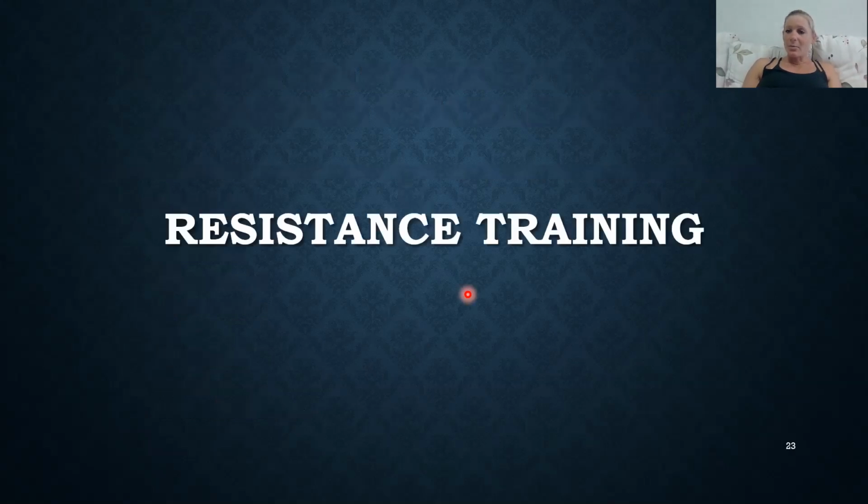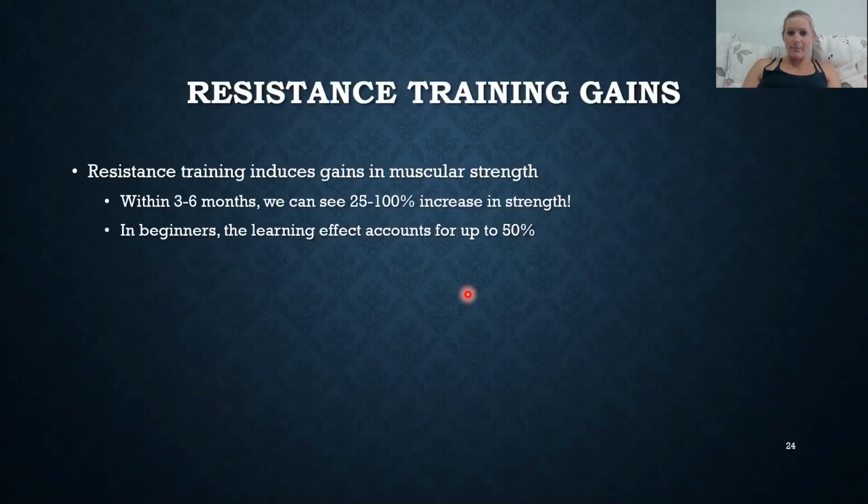Okay, so next we'll look at some of these chronic changes associated with regular resistance training. When we look at resistance training, within 3 to 6 months, we can see significant improvements in muscular strength, a 25 to 100% increase. For beginners, the learning effect accounts for about 50% of this change.